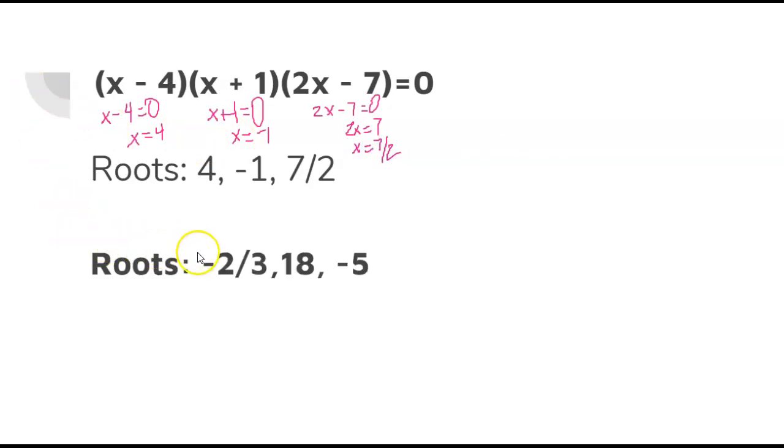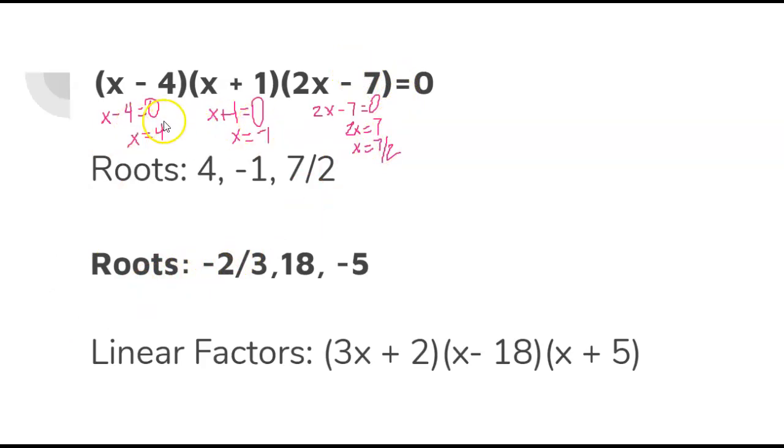And then we also did the converse of that, the backwards of that. If you're given the roots, how do you then make a list of linear factors? So we said that we would just undo this step right here. So if we know -2/3 is one of the roots, that meant that x was equal to -2/3.